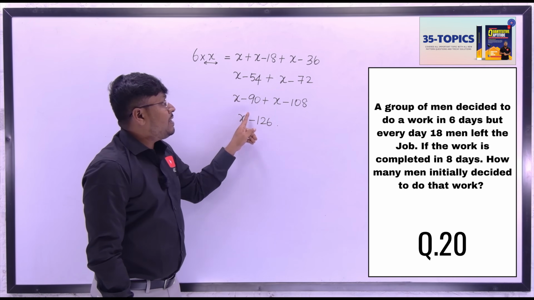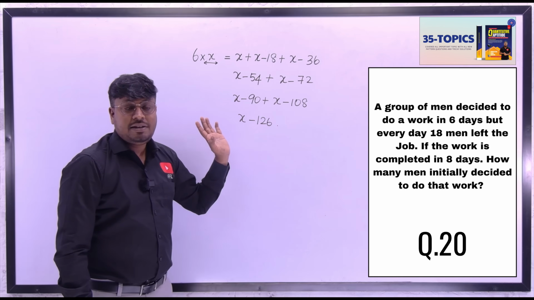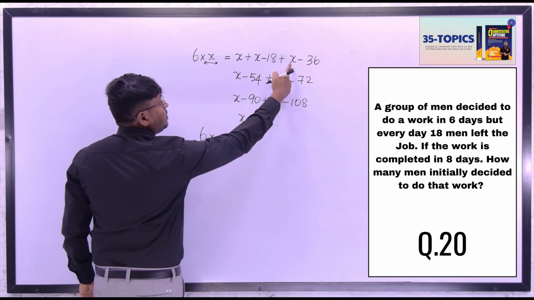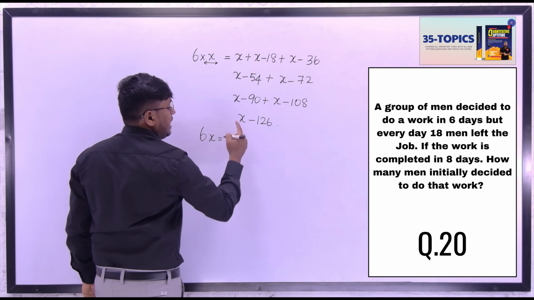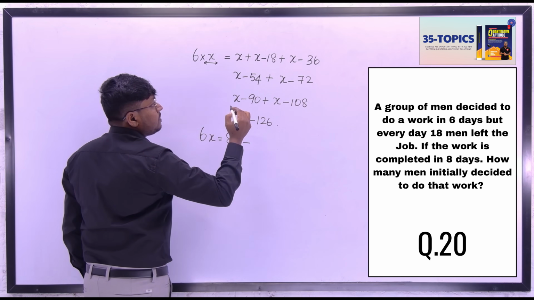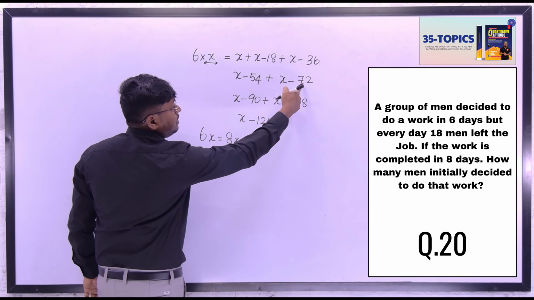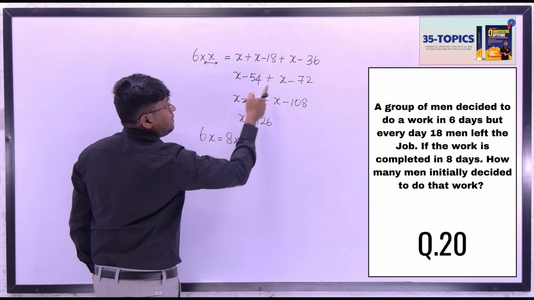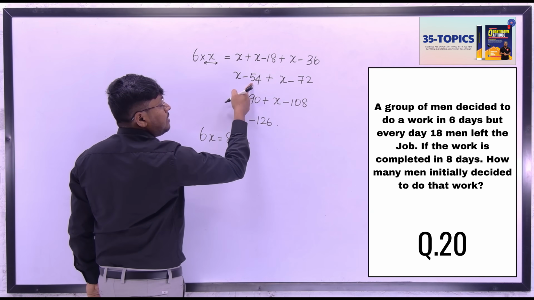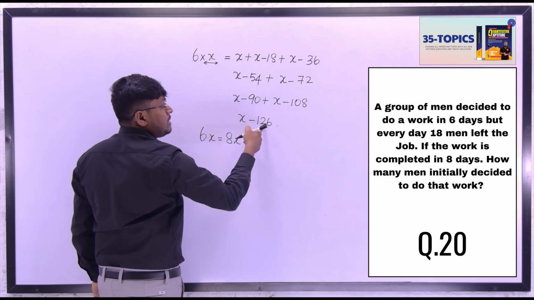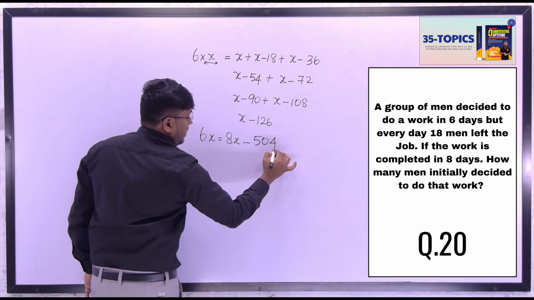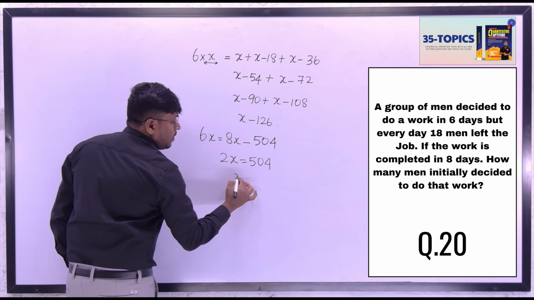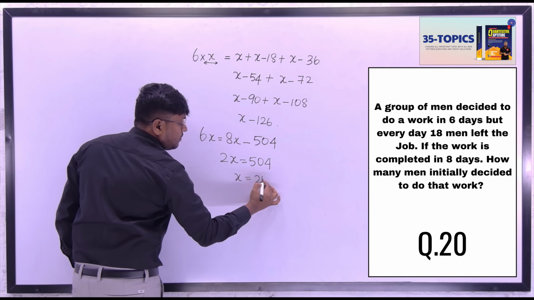Now when you subtract these 18s from all the values, the resultant is 6x equals 8x minus 18, 36, 54, 72, 90, 108, 126, which is 504. So 2x equals 504, so x equals 252.